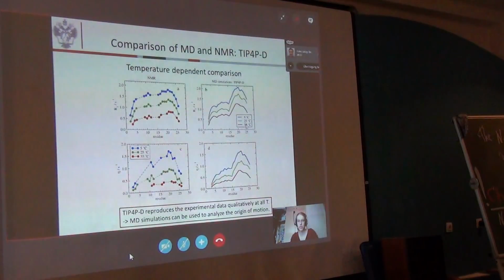You see that the temperature dependence is qualitatively met, and so we find that the MD simulations describe the experiment quite well, and we can use them to analyze the origin of motion in more detail.